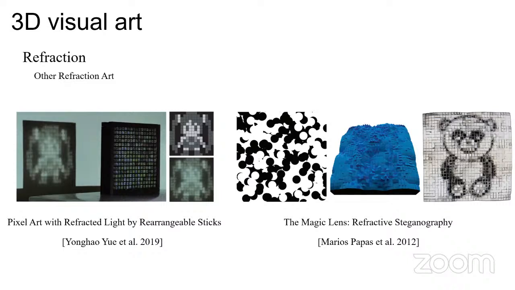Once a user inputs an image, their system will automatically compute a combination of sticks to refract the light for display this target pattern on the receiver. According to the result, the user could assemble the sticks to enjoy creating visual art.